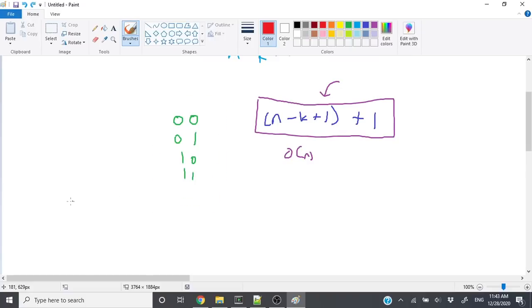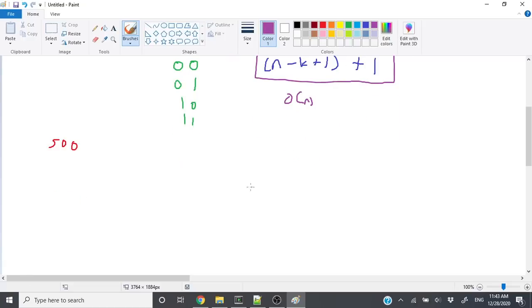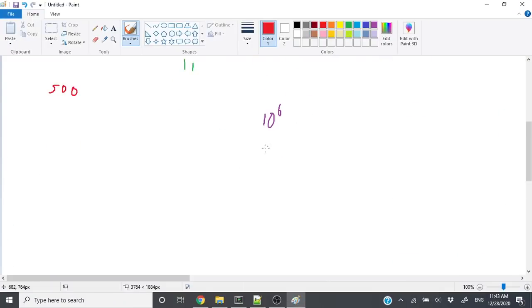Say we have strings of 500 characters. But by the time we go through 10 to the 6th of them, which is going to be O of n, not many of the characters are going to be different. Only the last log base 2 of 10 to the 6 characters are going to be different from the initial string of all zeros. Just because that's how binary works.